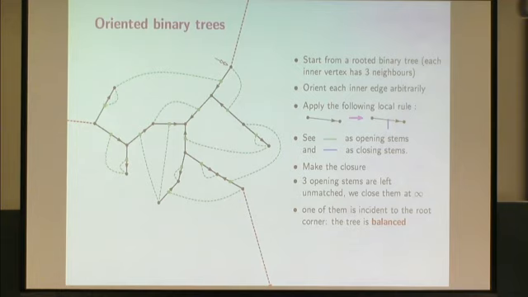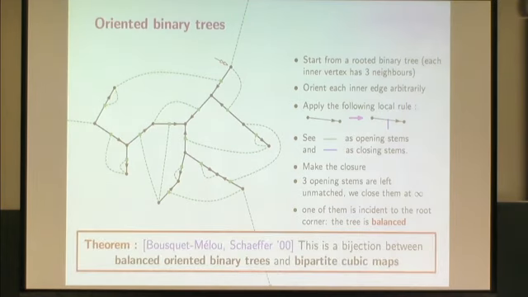You can see from the construction that all the closure edges go from a black vertex to a green vertex. And this is actually a bijection due to Mireille Bousquet-Melou and Gilles Schaeffer between balanced oriented binary trees and bipartite cubic maps. So that's the first step of the construction.